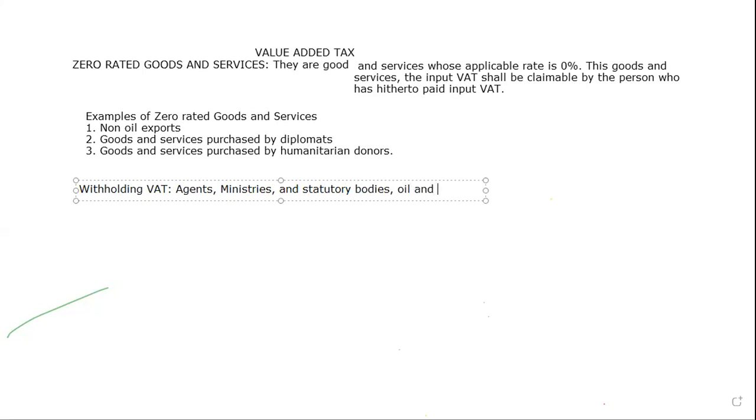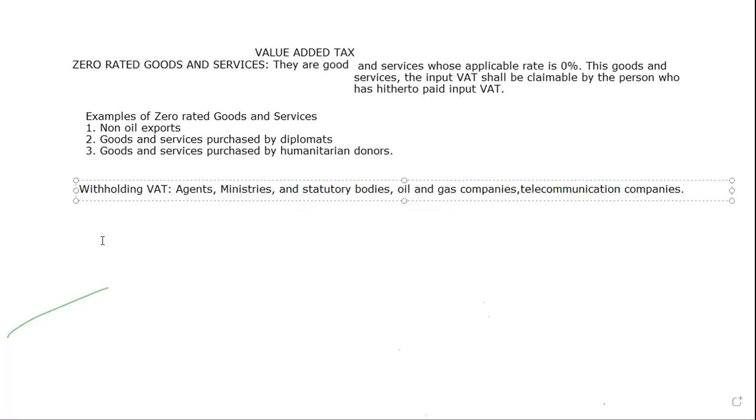These include oil and gas companies, and telecommunication companies.